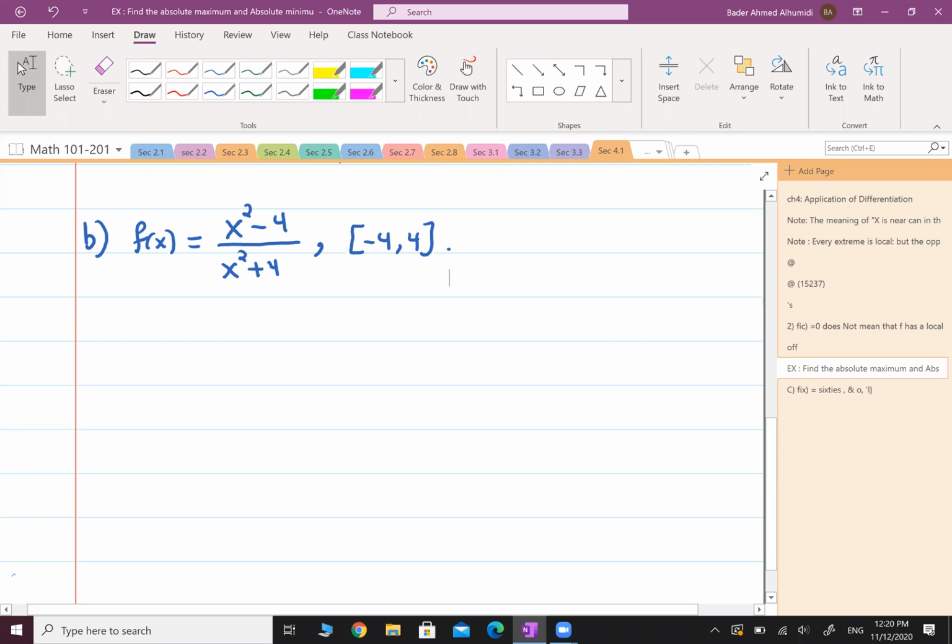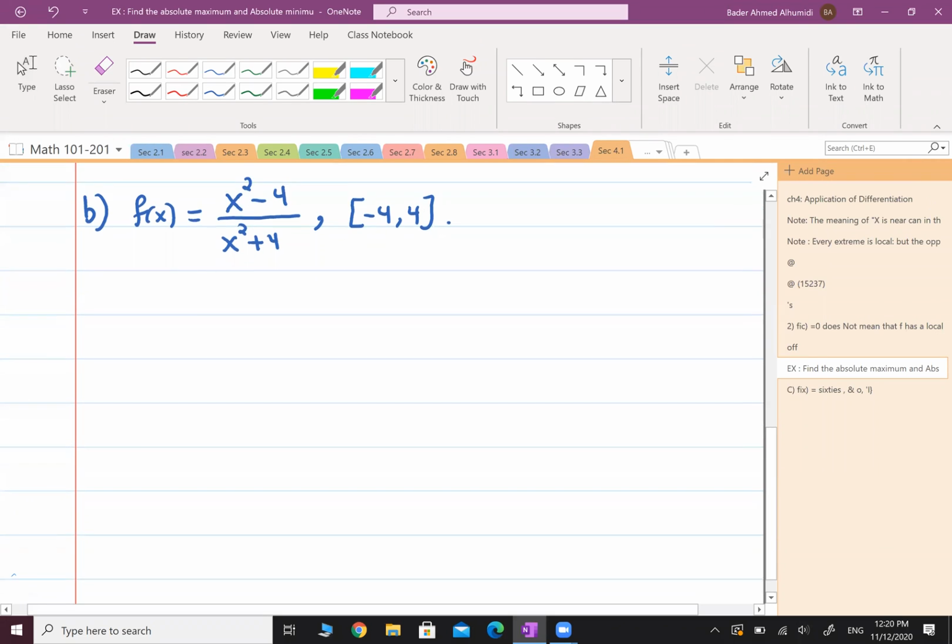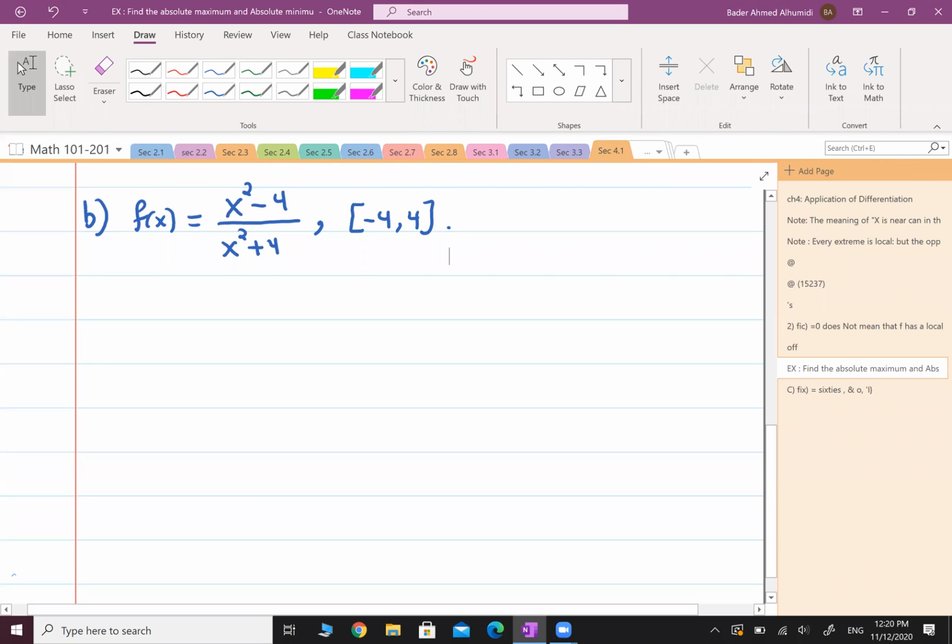Another question now, a rational function. How to find the absolute maximum and absolute minimum? Same idea. I will try to find f prime of x. This is a rational function, so you must understand all of chapter 3. In order to understand chapter 4 you need to understand chapter 3 first. So we need to use the quotient rule here.